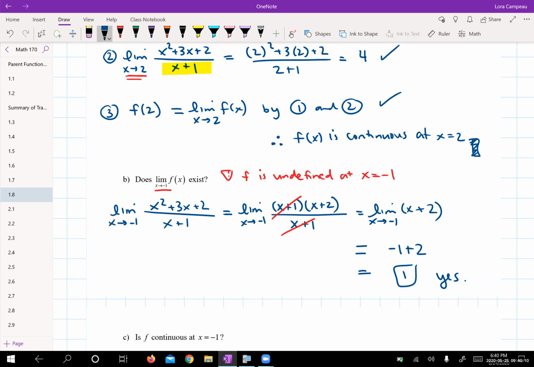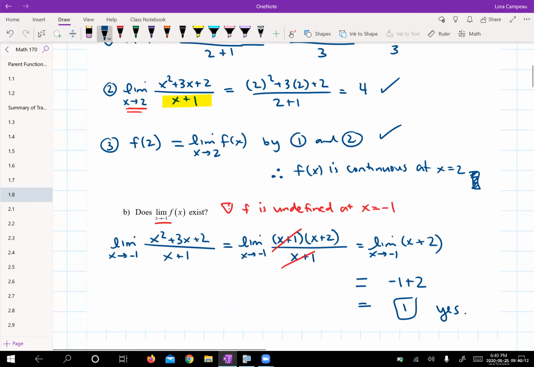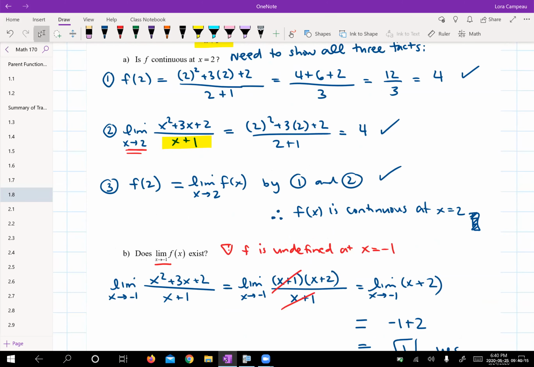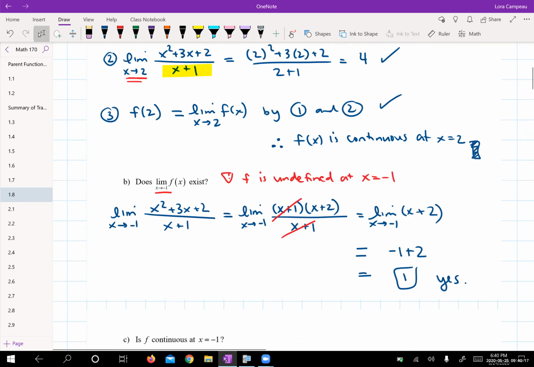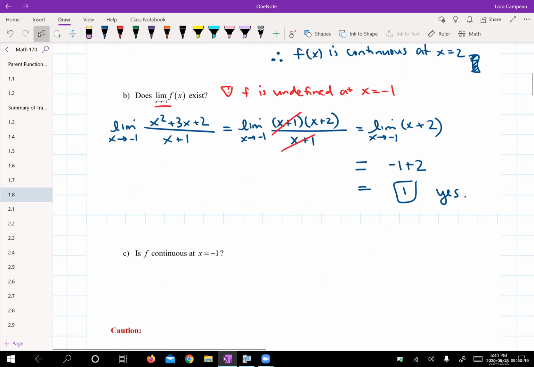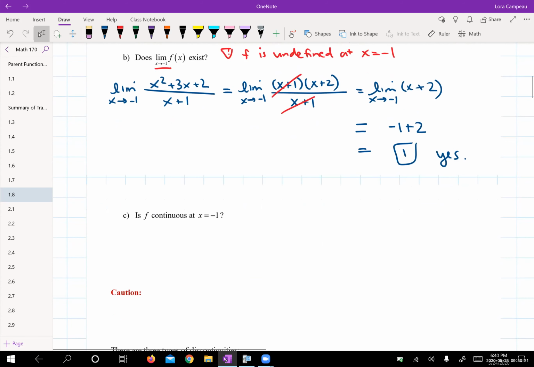So you want to be careful. The difference between part A, item number 2, versus part B, whether something's defined or undefined at the particular x value. And so the other question would be, if we want to look at the continuity, is f continuous at x equals -1?